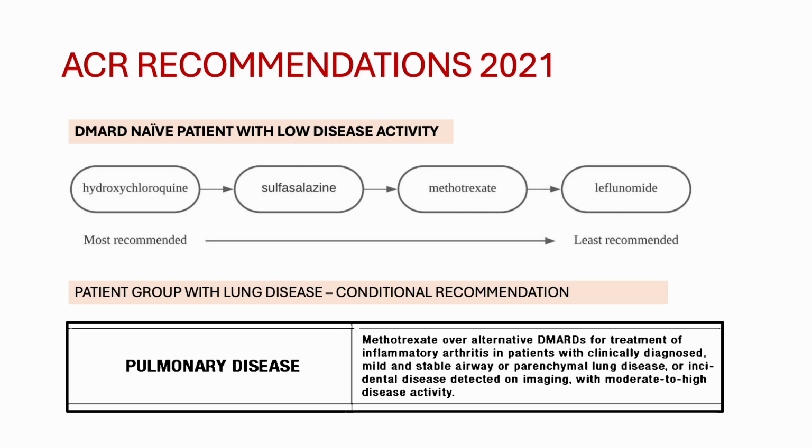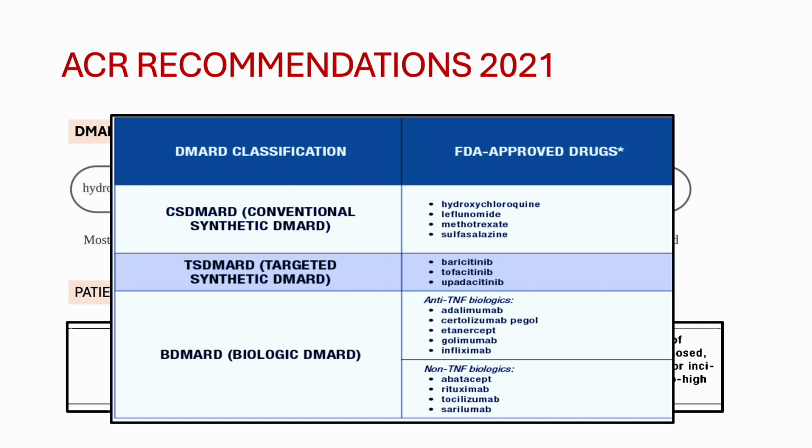The ACR also mentions that if a patient has clinically diagnosed or mild or stable lung disease and you are to manage the joint problems in this patient, then amongst the DMARDs available, we should preferably give methotrexate because the other synthetic DMARDs may actually cause more harm than benefit. So mostly patients with pulmonary disease are kept on methotrexate for the joint problems. But what do we do for the patient's lung problem?